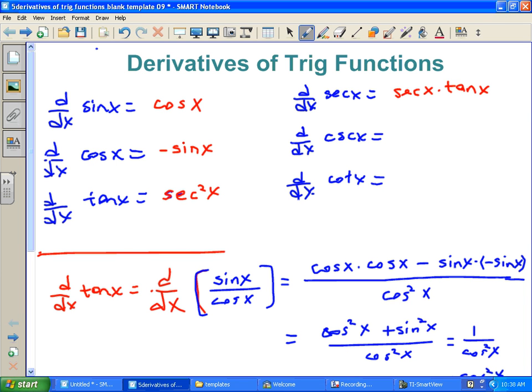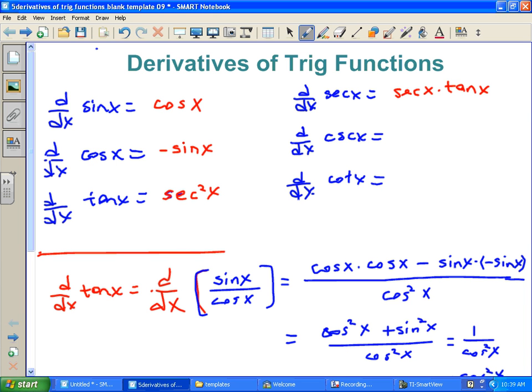Basically, if you know the derivative of a trig function, the derivative of the cofunction is going to be negative 1 times the cofunction of the derivative. For example, if you knew the derivative of sine was cosine, to get the derivative of cosine, you look at that right-hand side. Instead of cosine, you make it a negative and switch it to its cofunction, make it a sine. So for example, if you know the derivative of tangent is secant squared, let's take a guess as to what you think will be the derivative of cotangent.